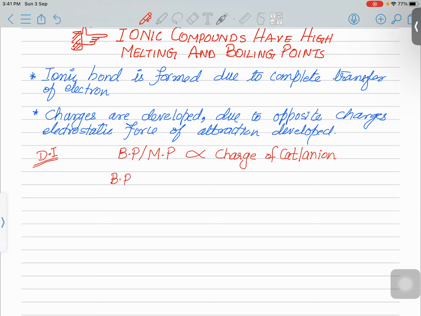Similarly, boiling point and melting point are inversely proportional to the size of cation and anion.